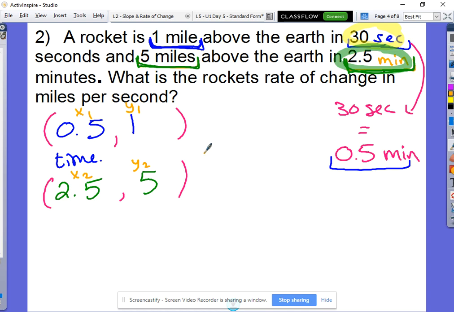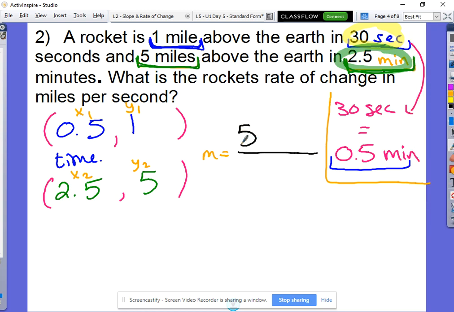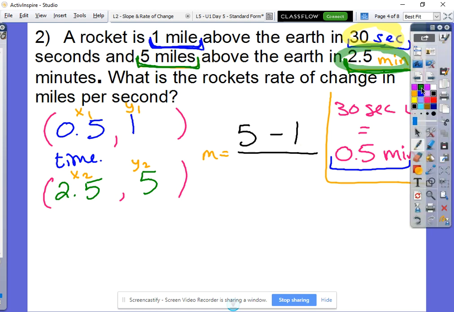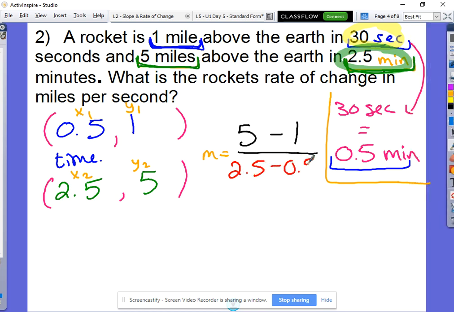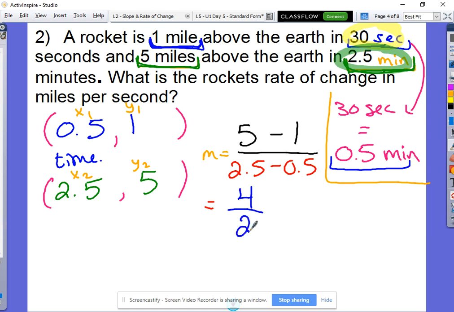So if we set this up in our equation, slope equals y2 minus y1, 5 minus 1, all over x2 minus x1, 2.5 minus 0.5. Simplify that down, 5 minus 1 is 4, 2.5 minus 0.5 is 2. That equals 2 if we simplify.